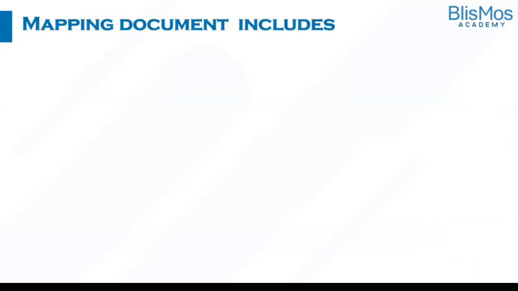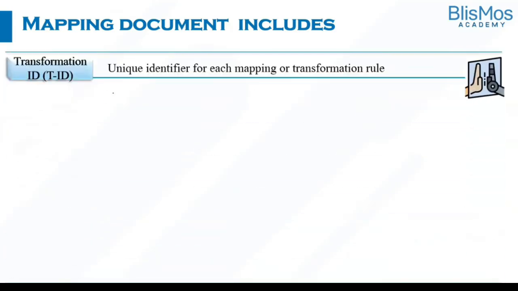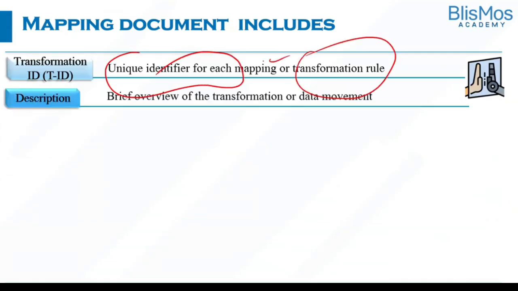Then the mapping document is also one of the very, very important documents for any data engineering project. It can be big data engineering, it can be common data engineering, any data engineering project. It would include the transformation ID, a unique identifier for the mapping or transformation rule, and a description: what is this transformation about?